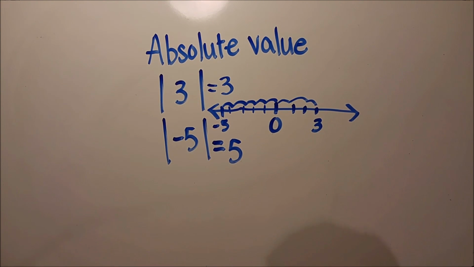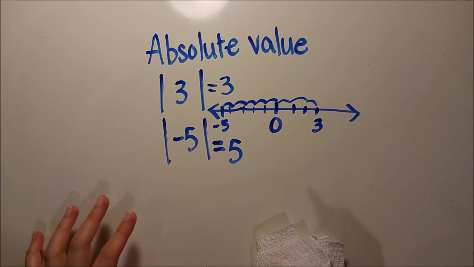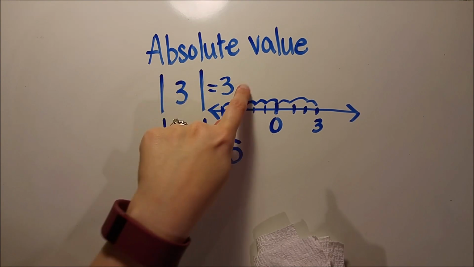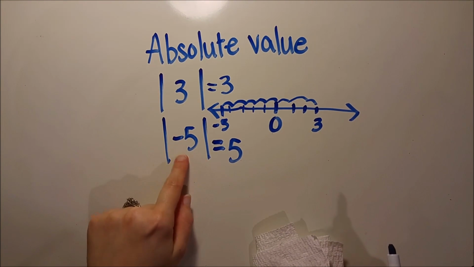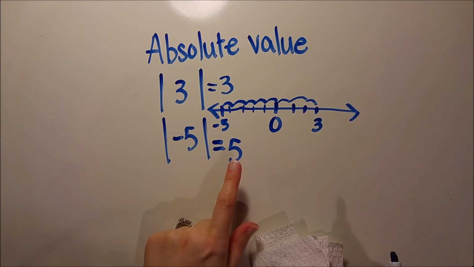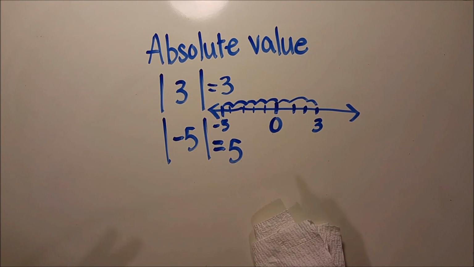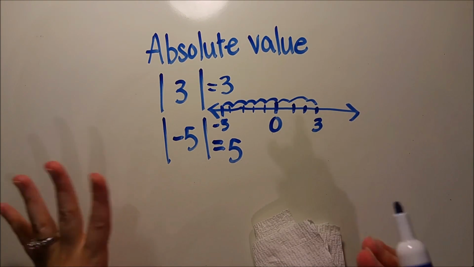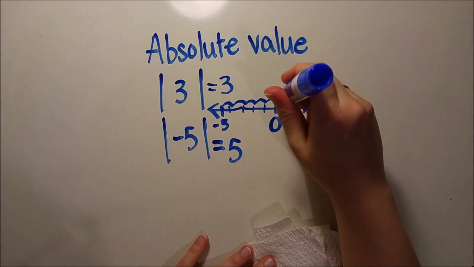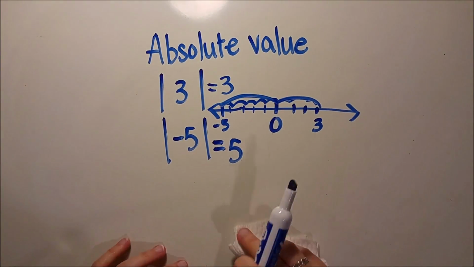So really, a lot of people simplify this to think of absolute value as being the positive of whatever's inside. So this is already positive, so it's 3. This is negative, so we'll turn it positive. But the technical definition, the real definition, is its distance from 0.